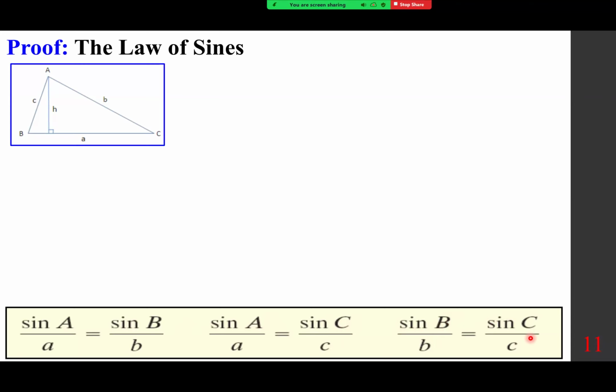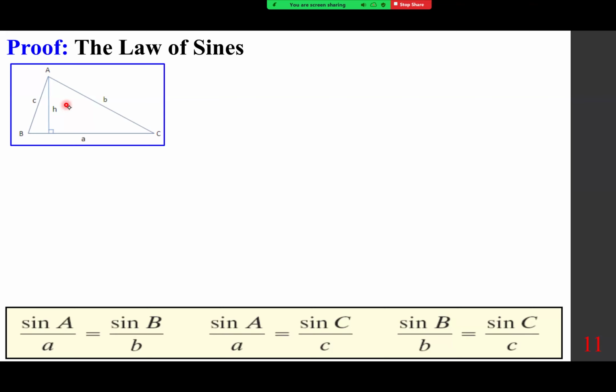So you have this oblique triangle. We have vertices A, B, C, and the sides lowercase a, b, c, opposite each vertex. We drop a perpendicular, and this distance is h.